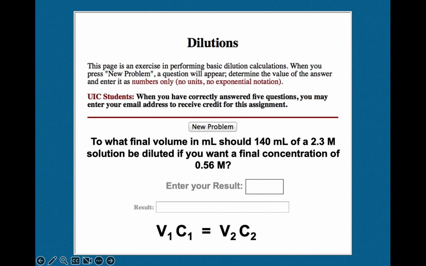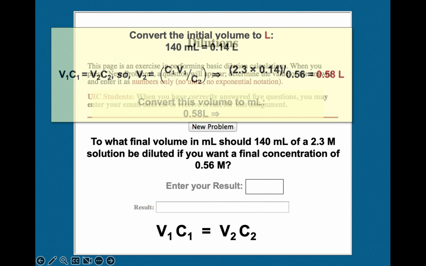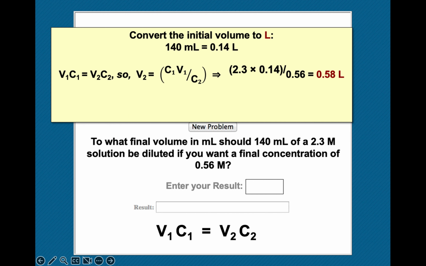Don't forget it. We're looking for V2. That's C1 V1 over C2. Plug it all in. We get our answer in liters. Remember, we're looking for a volume in milliliters, so simply multiply this by 1,000. 580.